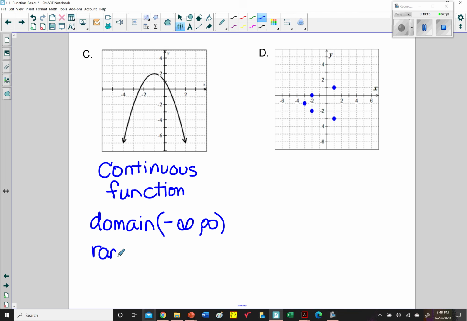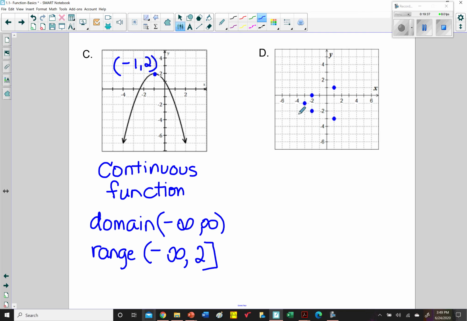In the range, starting at the smallest number for -infinity and stopping at the largest y value, including 2, since that point, -1, 2 is part of our function. We're going to bracket the range.